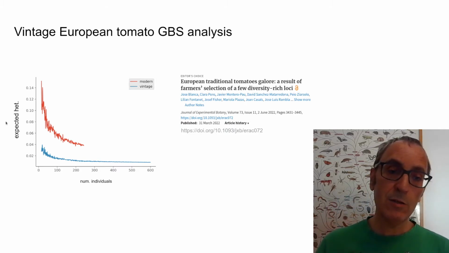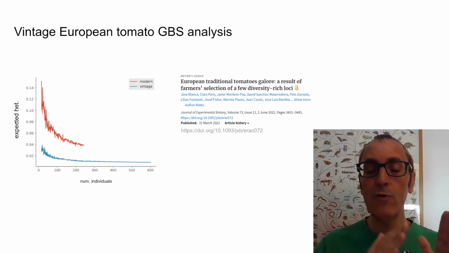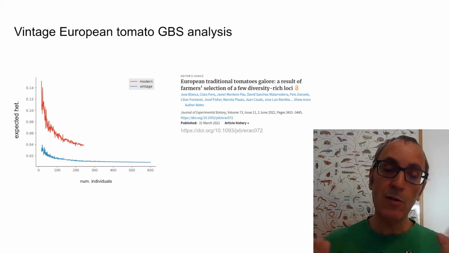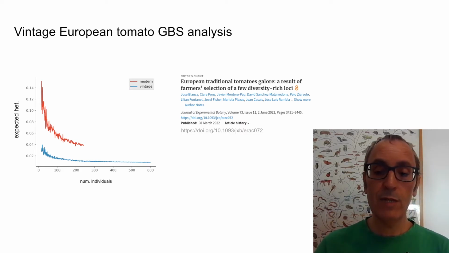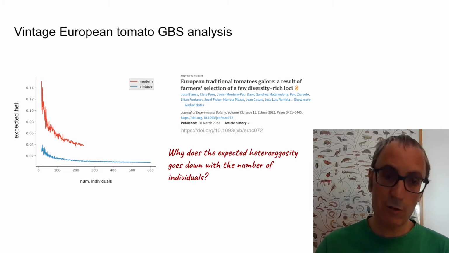Since the expected heterozygosity is calculated from the mean of all markers, if you add more individuals, you add more markers with lower diversities, and the mean goes down. Okay, you have to take that into account when you are working with expected heterozygosity.